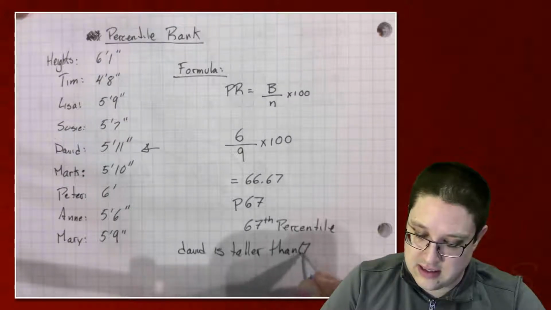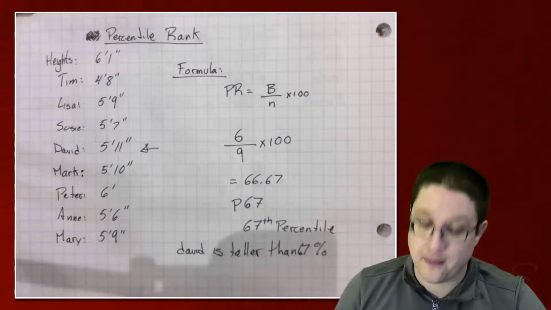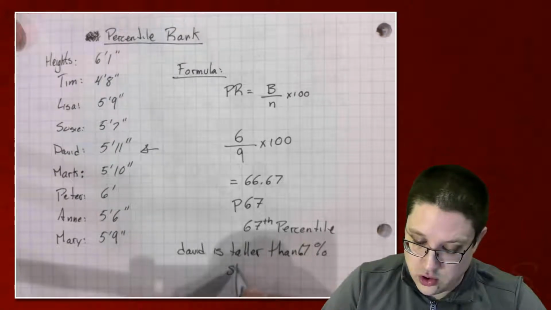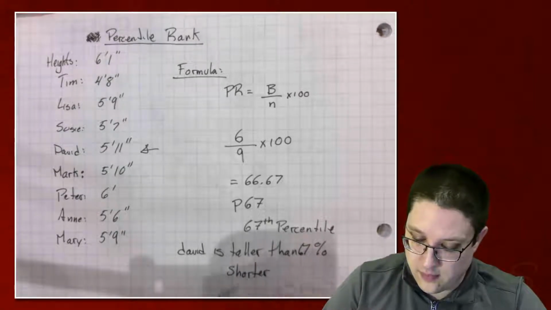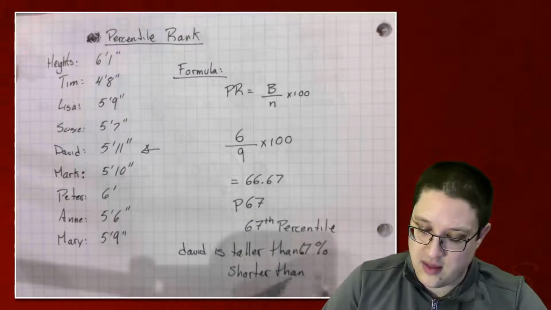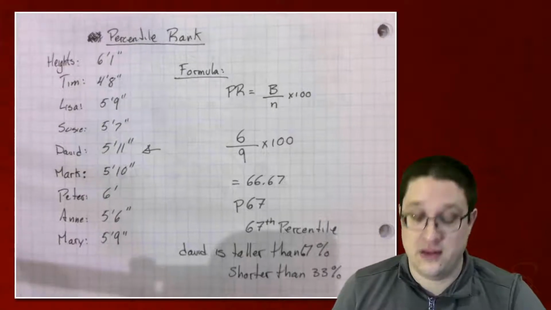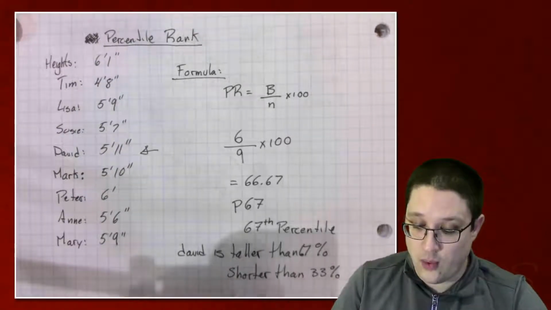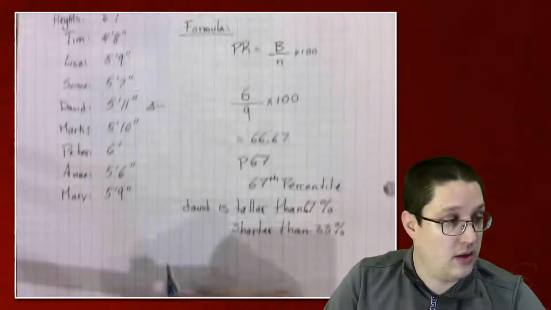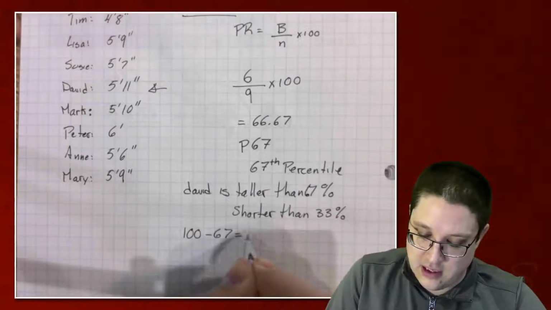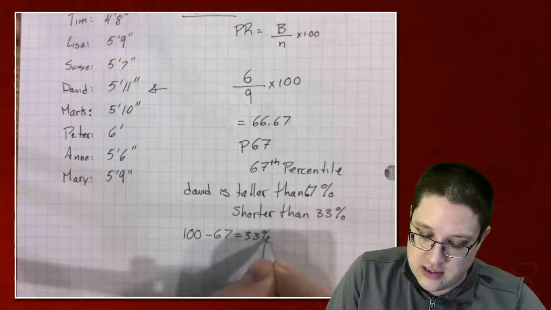On the flip side, David is shorter than 33% of people in this group. The way that I figured that out, I took 100 minus 67 equals 33%.